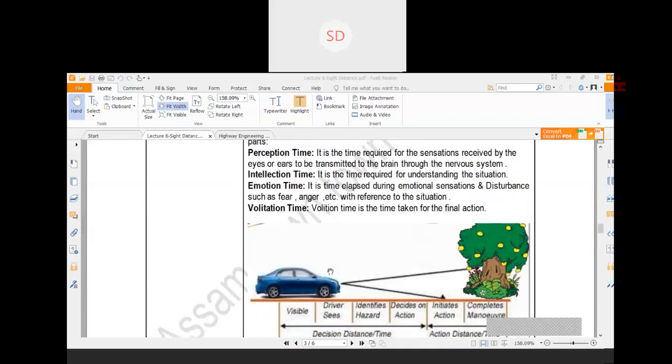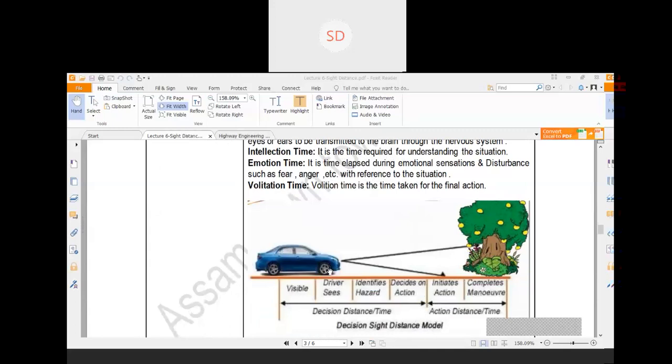Now, intellection time. So, what is intellection time? Intellection time is basically the time required for understanding the situation. Understanding the situation means after you receive the signal in your brain, the brain will decide upon various things.